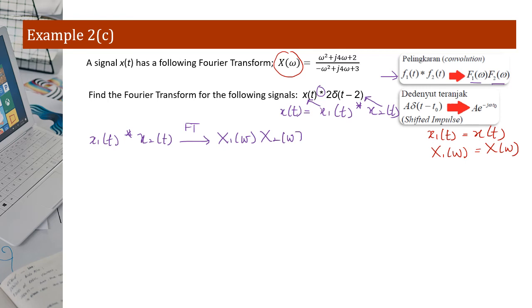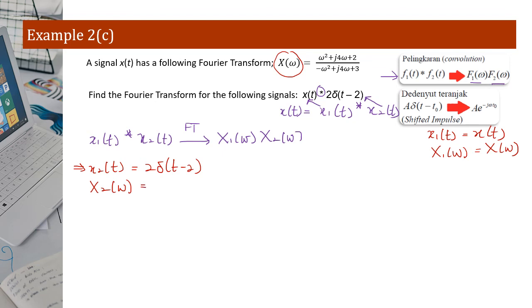You already have the X(omega) as given in the given equation. Now you need to identify what X2(omega) is. x2(t) is given by 2 delta(t-2).